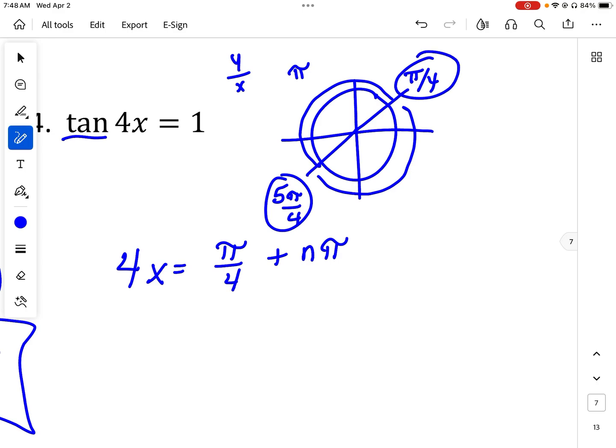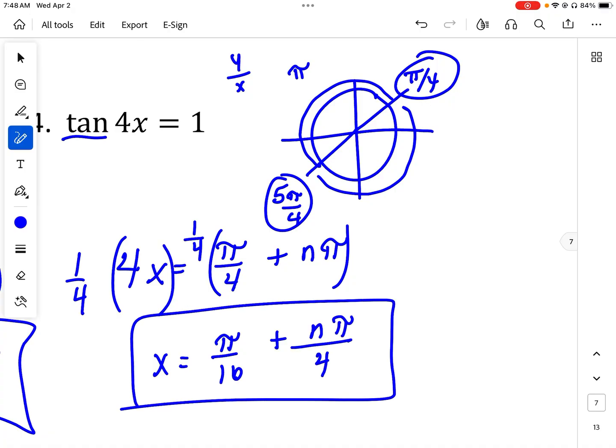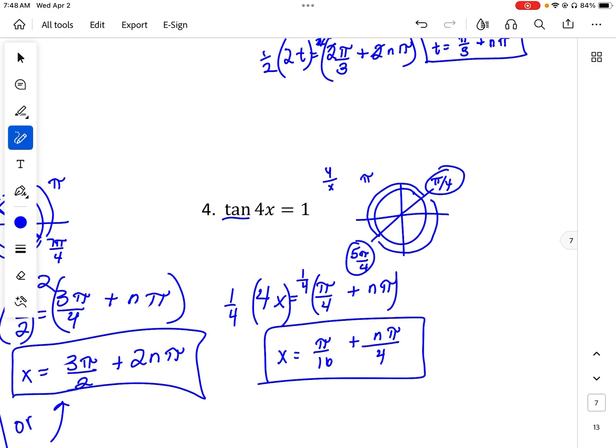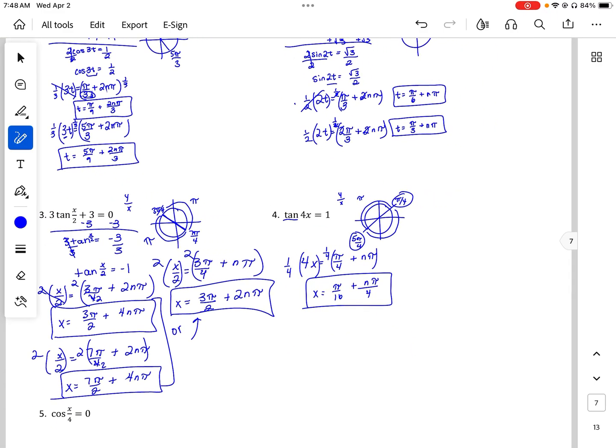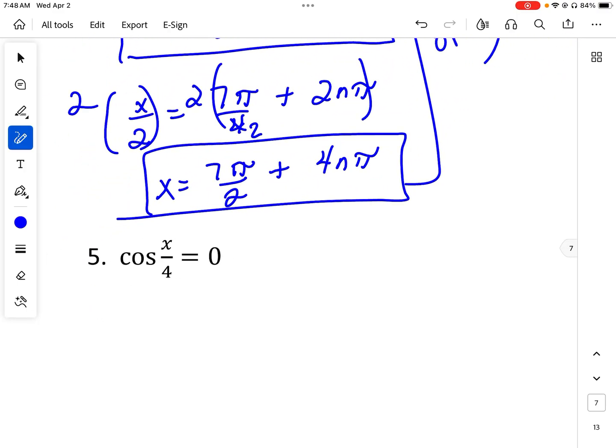Instead of writing both of these, we're only going to do one, and we're only going to go 180 degrees, which is a semicircle. All right, so times 1/4. So x equals pi over 16 plus n pi over 4. And that would be all of our coterminal angles included. All right, look at 5, and you're going to do this one on your own.